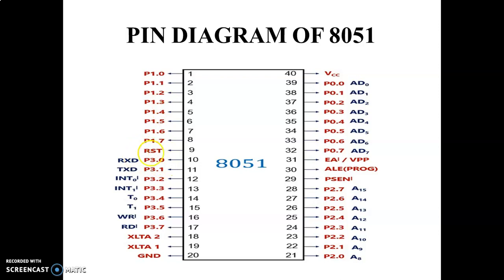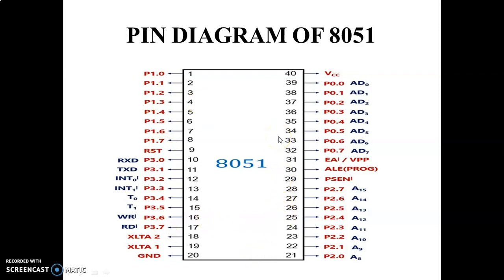And pins 18 and 19 are used for interfacing an external crystal to get the system clock. Pin 20 is grounded. And pins 21 to 28 are known as port 2, and it serves as an IO port, and higher order bus signals are also multiplexed using these pins.